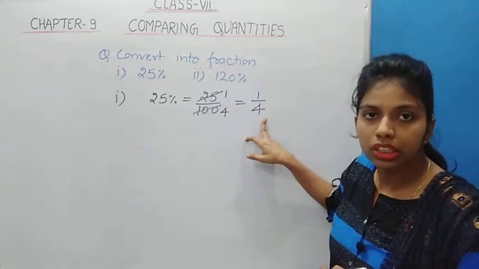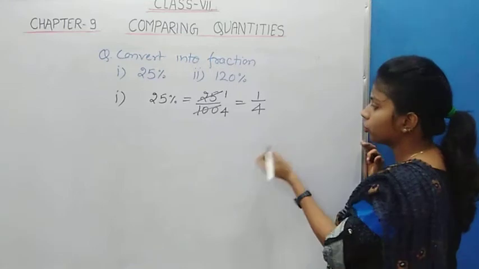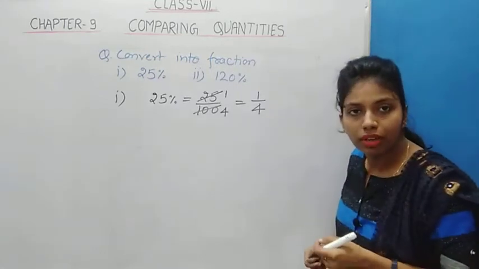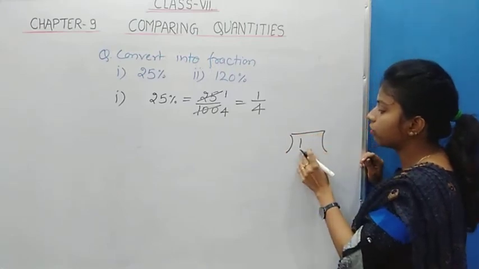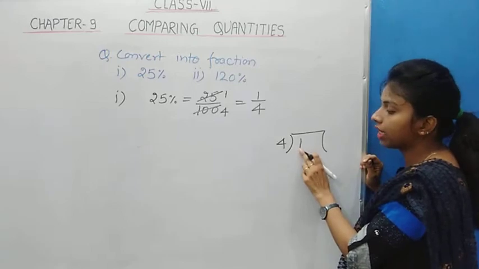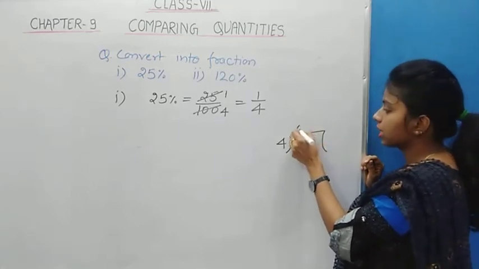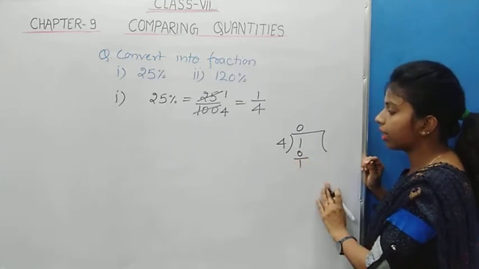Suppose we have to convert this into decimal form, we can also do this. We know how to convert a fraction into a decimal by division. We are going to divide 1 by 4. Of course, 1 is less than 4, so first we take 0, and here we have 1.